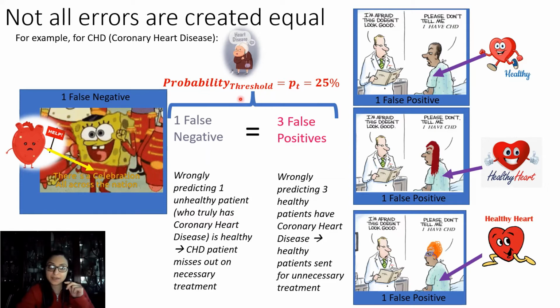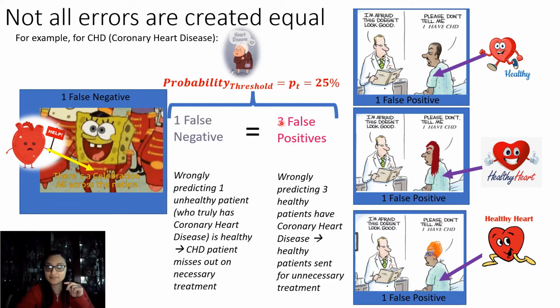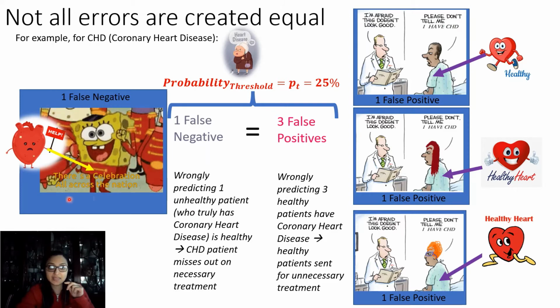So having one false negative is the same as three false positives, or probably even worse than having three false positives. Wrongly predicting that one unhealthy patient who truly has coronary heart disease is healthy, the mistake of making a false negative, of wrongly predicting that SpongeBob is healthy, results in SpongeBob missing out on necessary treatment for coronary heart disease.